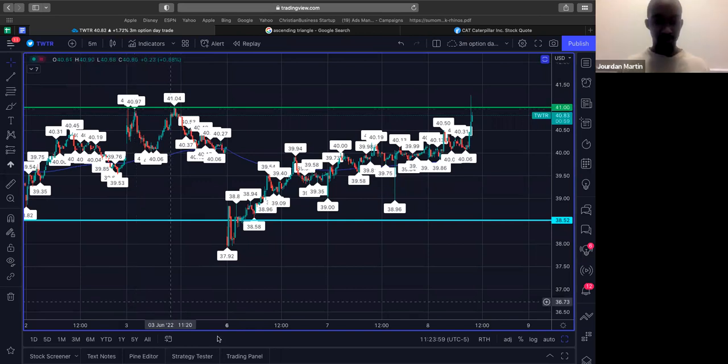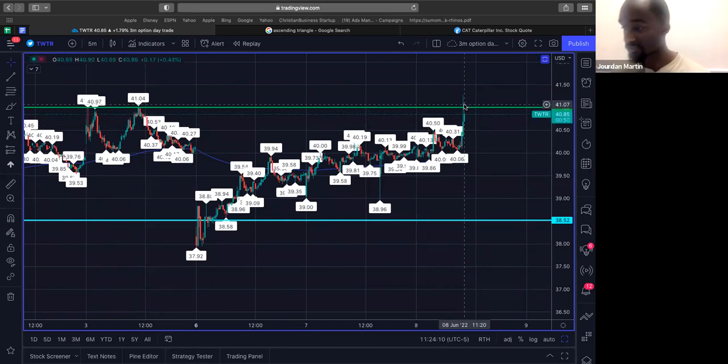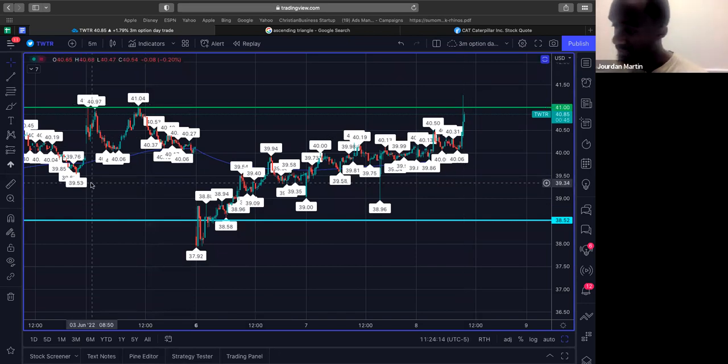A couple of days ago we got one rejection, two rejections, so we got a triple top here, and we're coming up and rejecting it again. Looks like it's moving up with some strong momentum though. Somebody asked about AMC. Zay looks like he just closed out AMC.